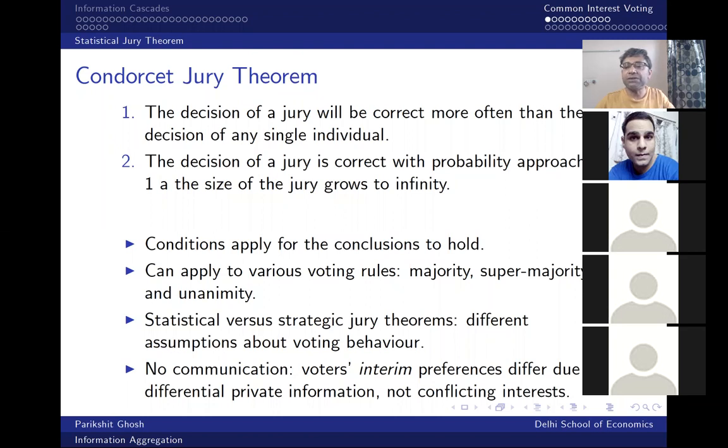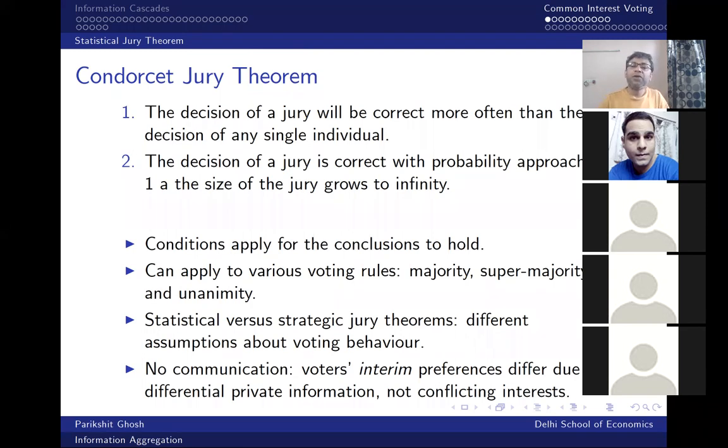They know the consequences of the policies. They just like different policies. If I'm rich, maybe I'll want small government. I don't want high tax rates. If I'm poor, maybe my preference will be the opposite. So that's what the Hotelling model does. It completely ignores any kind of information asymmetry between the voters and focuses only on clashing preferences.